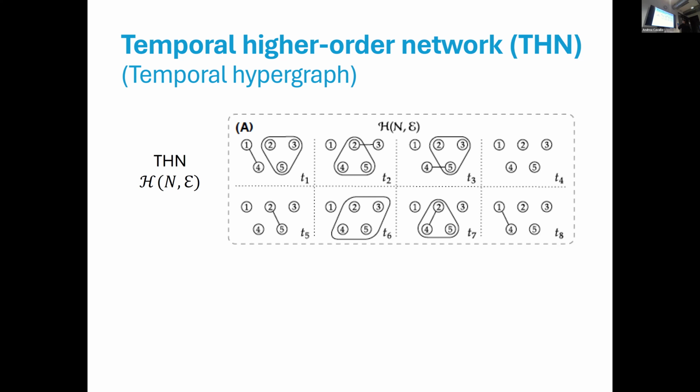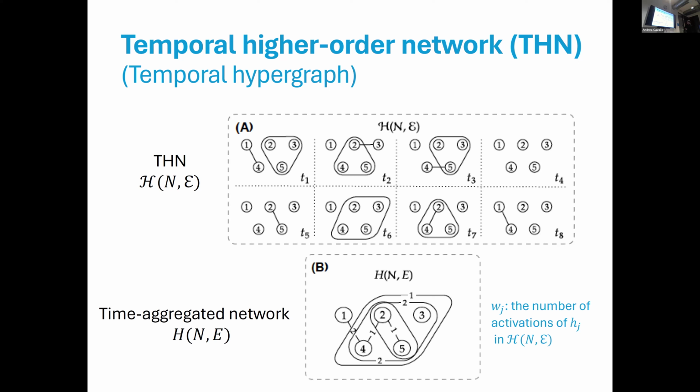For example, in the first snapshot, there are two time-respective interactions. One is an order 2 interaction between node 1 and node 4, and the other is among the other 3 nodes. So there is an order 2 hyperlink and an order 3 hyperlink in the first snapshot.